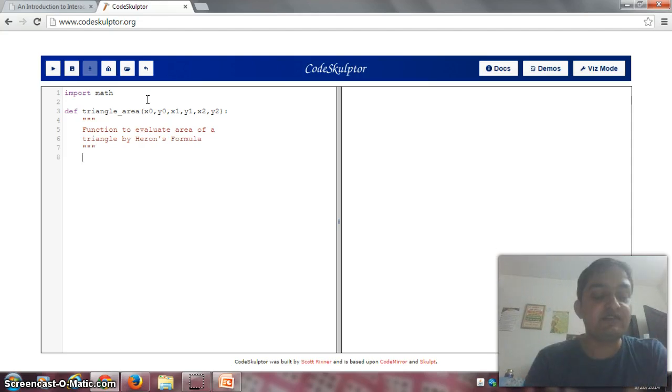Now what we need to do is compute the 3 sides of a triangle. So we can compute them in any order, since in that diagram I have denoted side A opposite to vertex A, side B opposite to vertex B, side C opposite to vertex C. But here we can randomly compute A, B and C because these are just variable names.